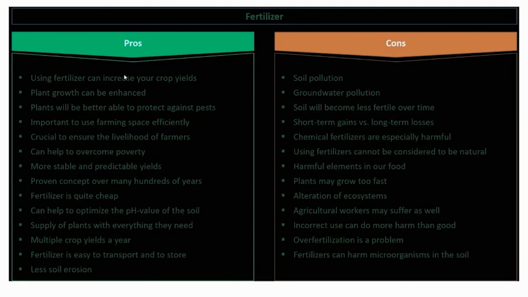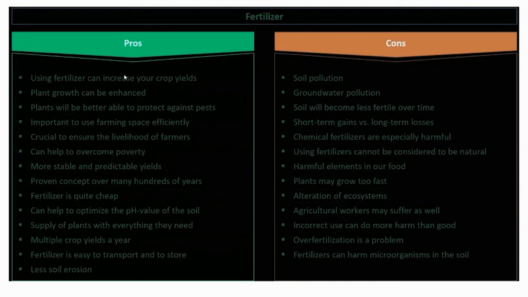The pros of using fertilizer are that you can increase your crop yields, plant growth can be enhanced, it can help to overcome poverty, and fertilizer is easy to transport and store. There are lots of advantages of using fertilizer.